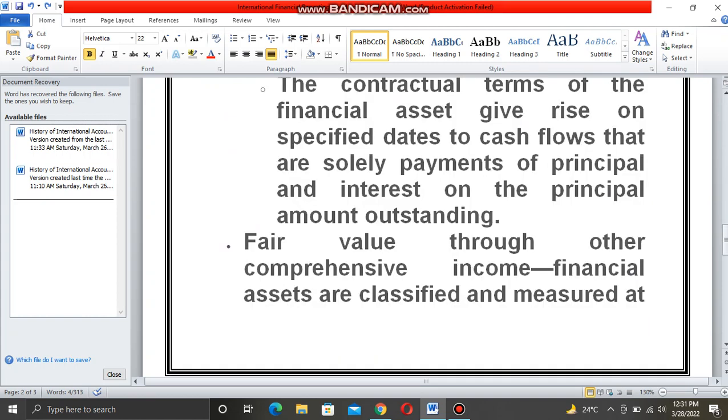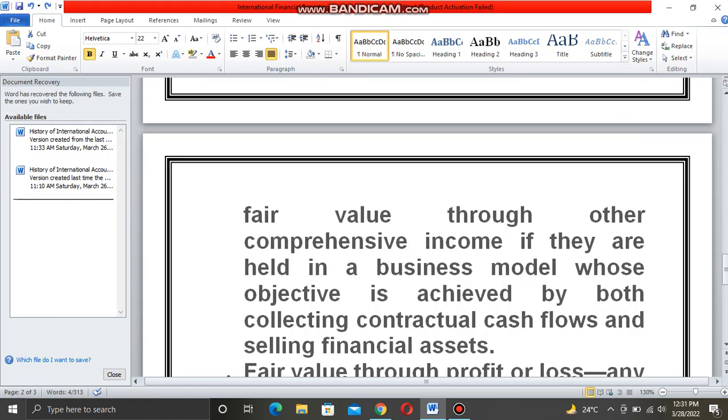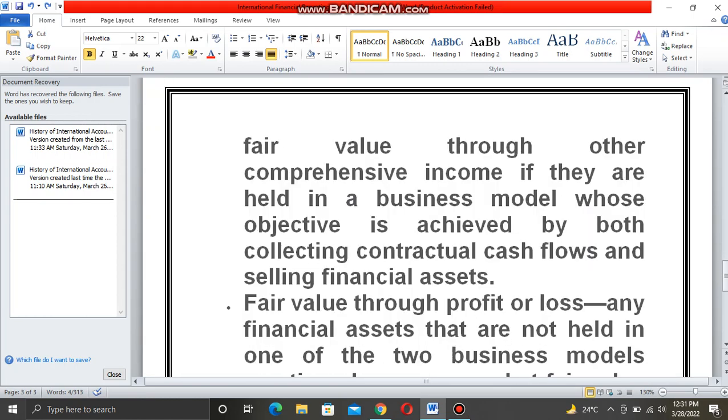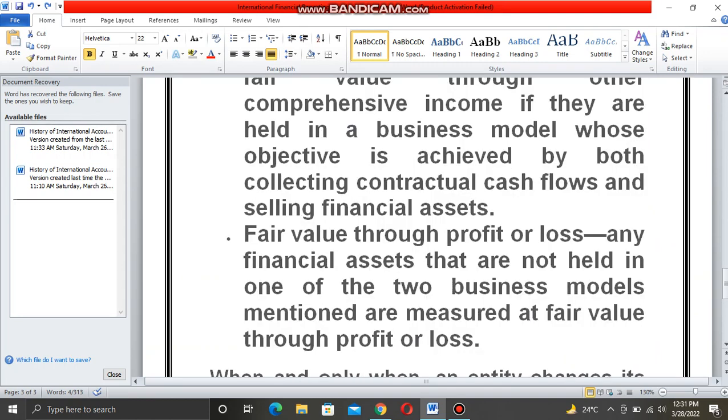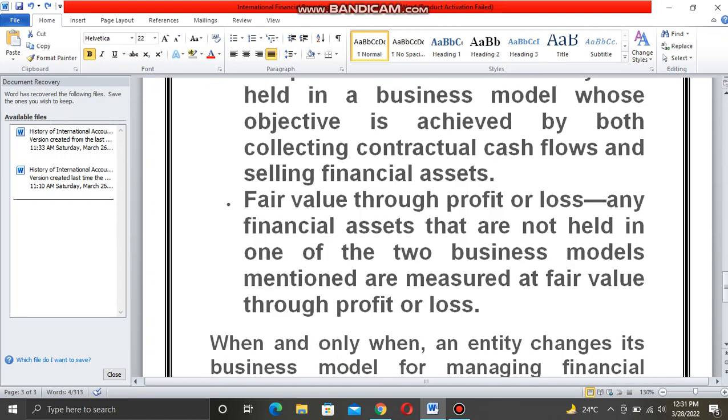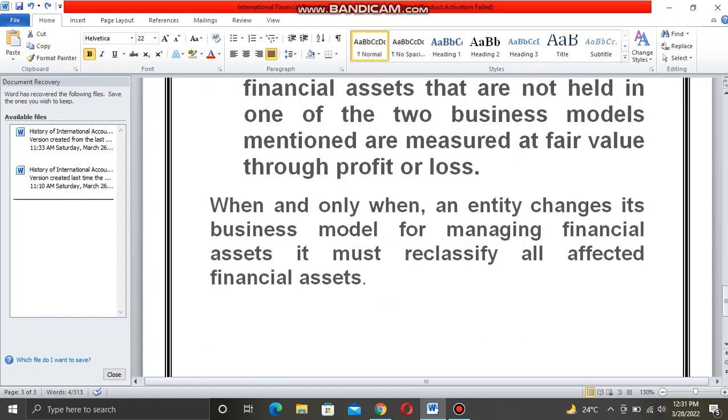Alright. Fair value through other comprehensive income: financial assets are classified and measured at fair value through other comprehensive income if they are held in a business model whose objective is achieved by both collecting contractual cash flows and selling financial assets. Fair value through profit or loss: any financial assets that are not held in one of the two business models mentioned are measured at fair value through profit or loss.